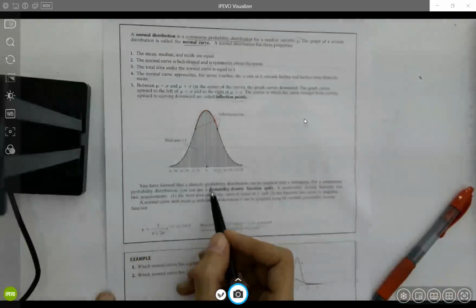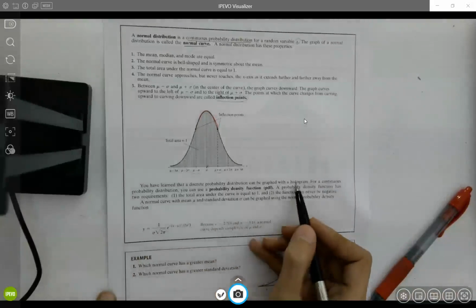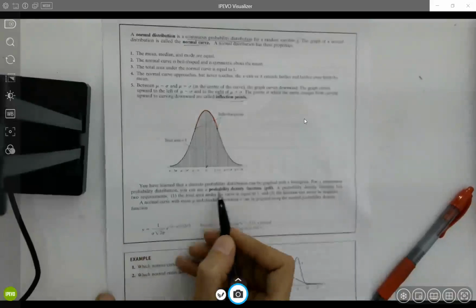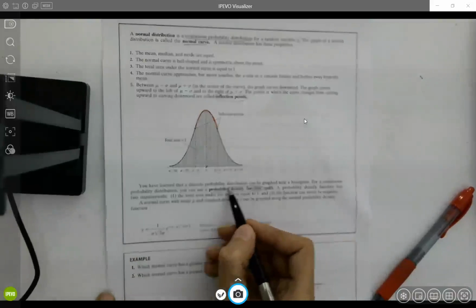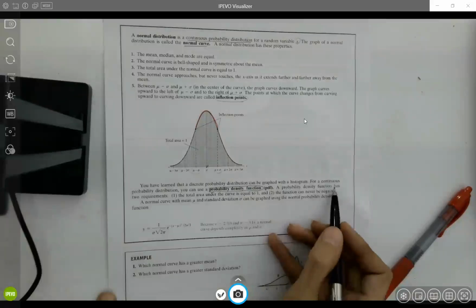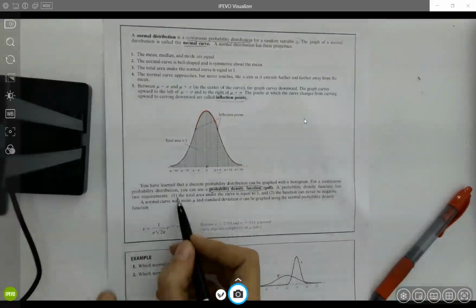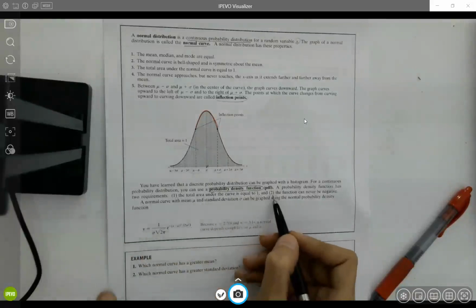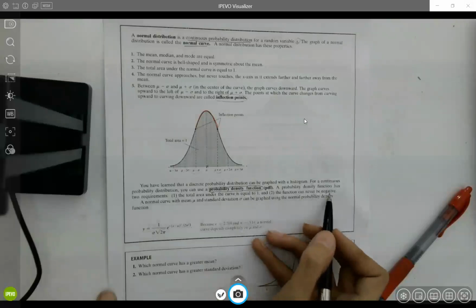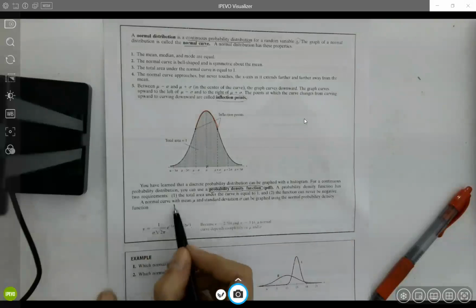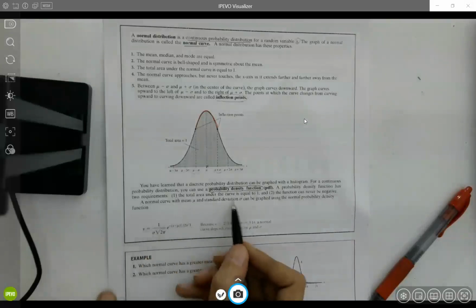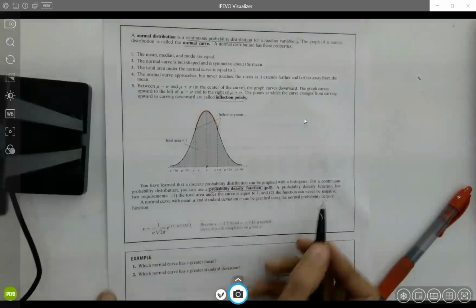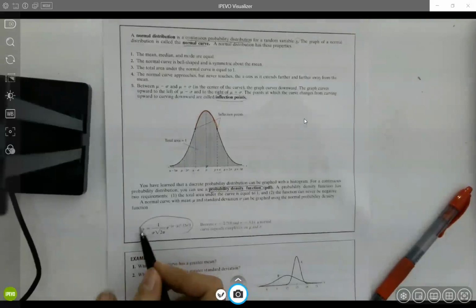We have learned that a discrete probability distribution can be graphed using a histogram. For a continuous probability distribution, you can use a probability density function. A probability density function has two requirements. First of all, the total area under the curve is equal to 1, and second of all, the function can never be negative. A normal curve with mean mu and standard deviation sigma can be graphed using the normal probability density function given below.